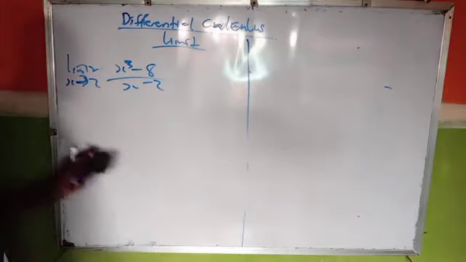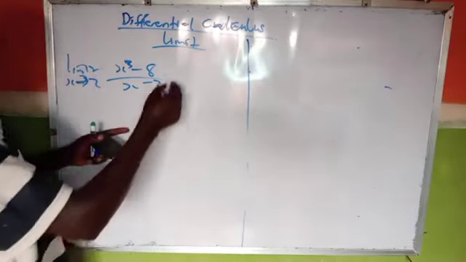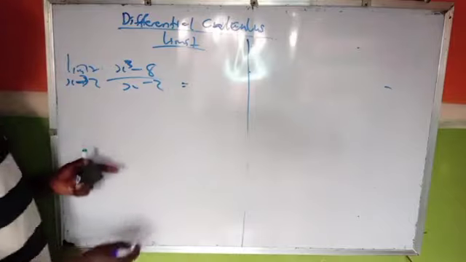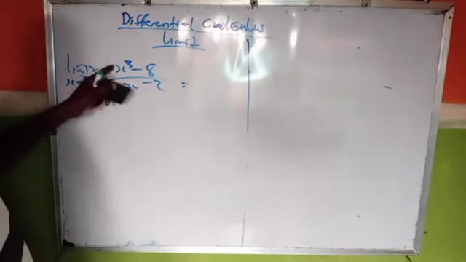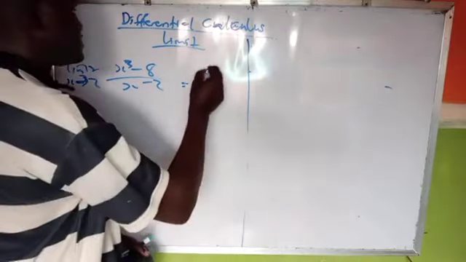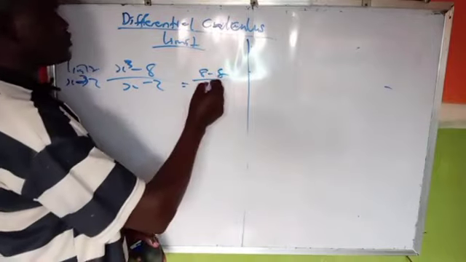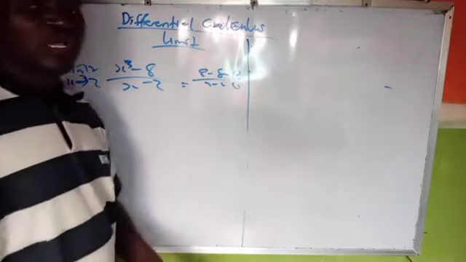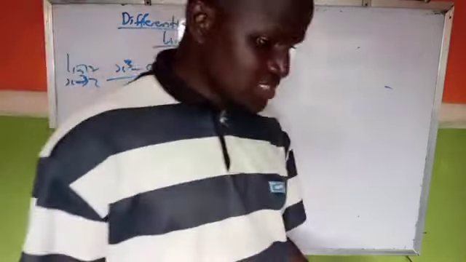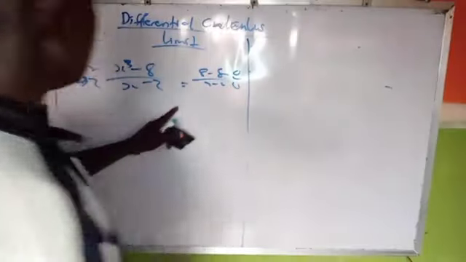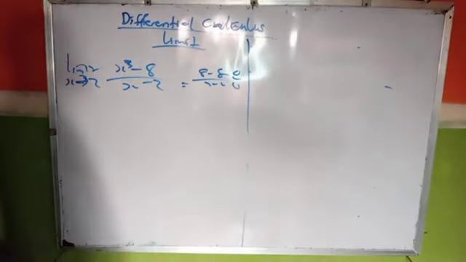So here, if you want to substitute directly, as I told you that time, 2 raised to power 3 is going to give you 8. And 8 minus 8, 2 minus 2, you will have 0 over 0. That's indeterminate. Then what are you going to do? You use the factoring method.